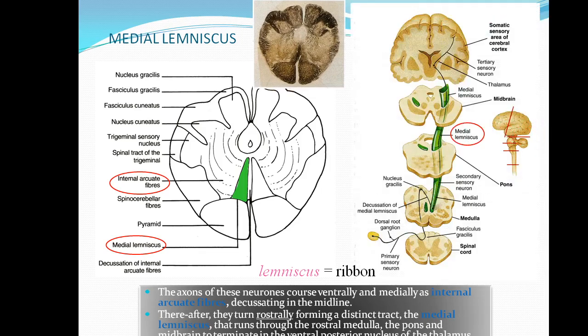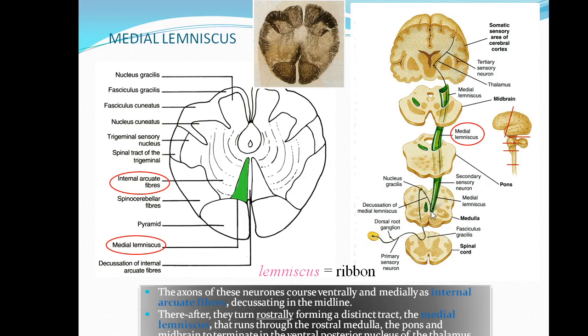Here you can see the course of the fasciculus gracilis and cuneatus. Their first order neurons lie in the dorsal root ganglia of the spinal nerves. They ascend as fasciculus gracilis and cuneatus and reach the synapse in the nucleus gracilis and cuneatus. The second order neurons arise from the nucleus gracilis and cuneatus, forming the decussation.